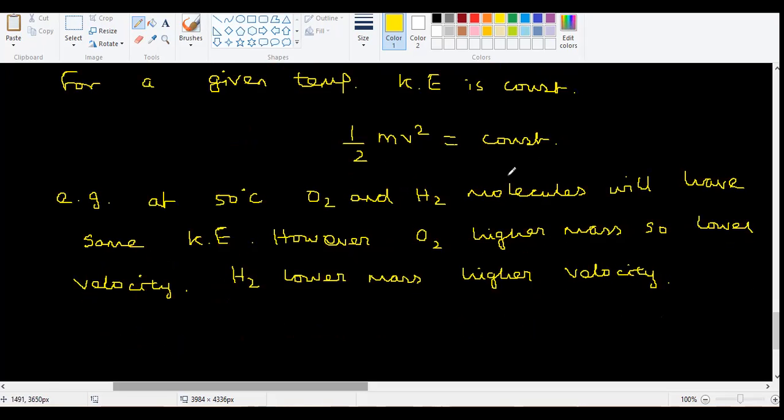Okay, so that's the meaning of this equation. That's why I'm giving you a simple example.